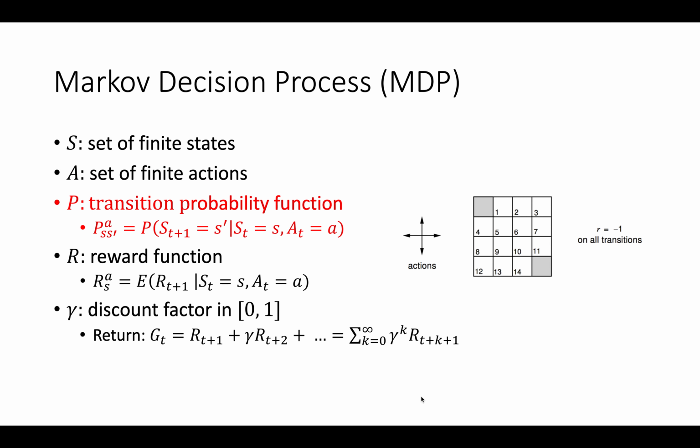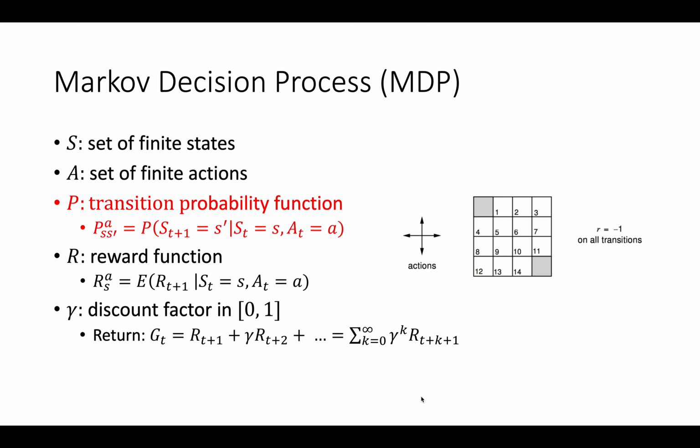Next is the transition probability function. It tells us if we're in state S and we take action A, what's the likelihood that we end up in state S prime? In our example, it's quite simple. Consider state 5.